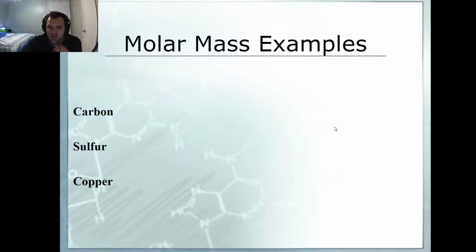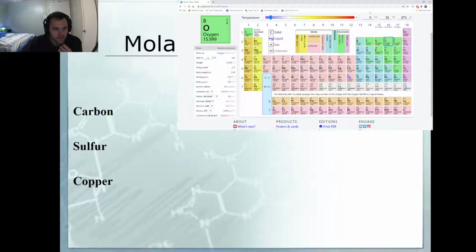So, just for example, if we're looking at these 3 elements and we want to know how much 1 mole of them will weigh, all we've got to do is pull up our periodic table, which for some reason is not showing up. There it is. Pull up our periodic table, find them on the periodic table.